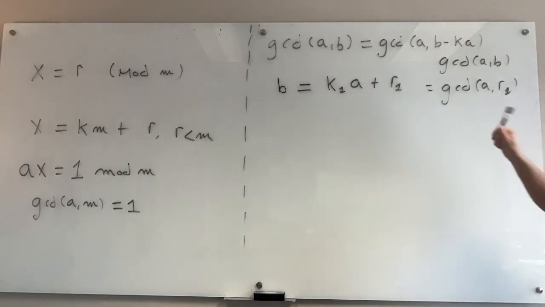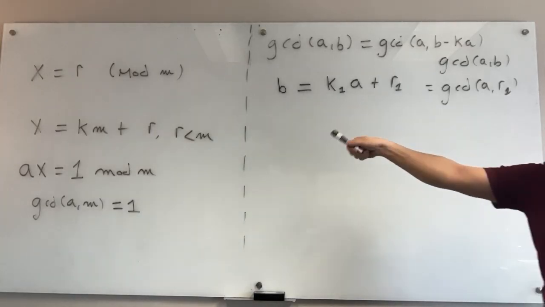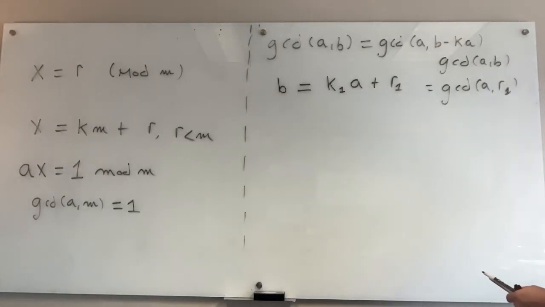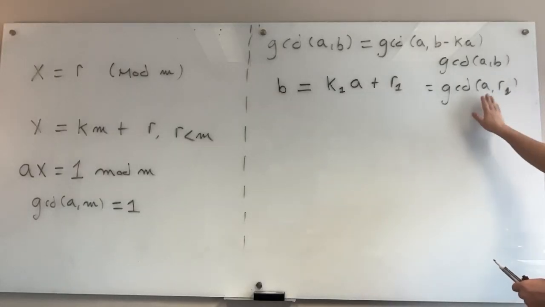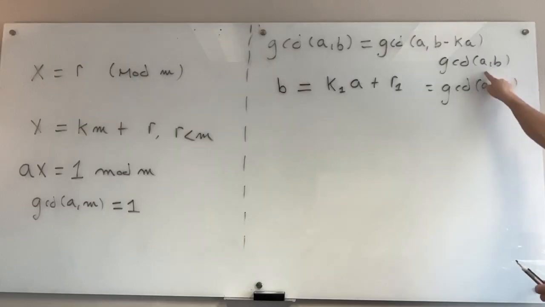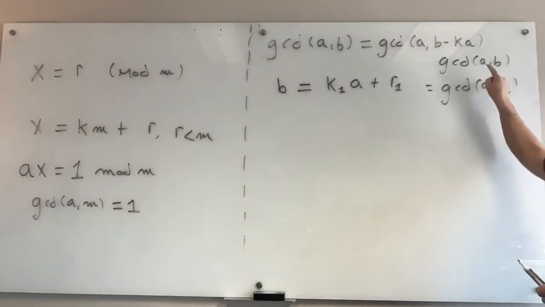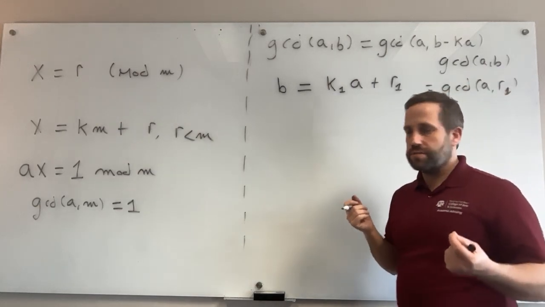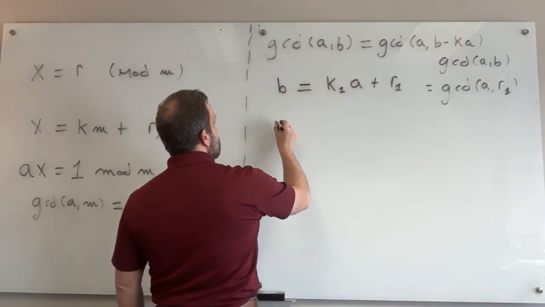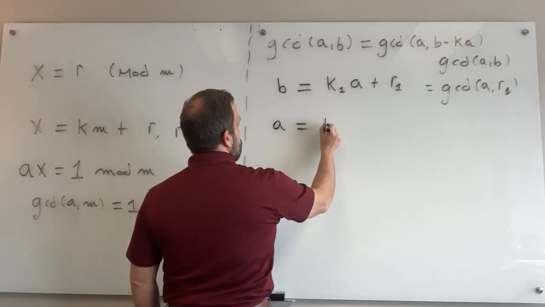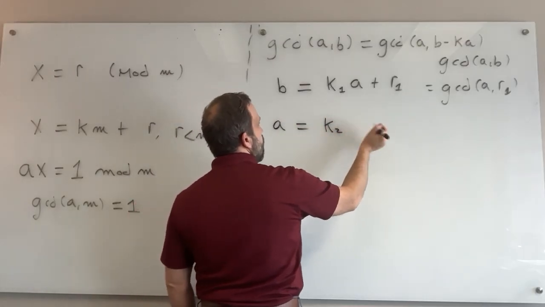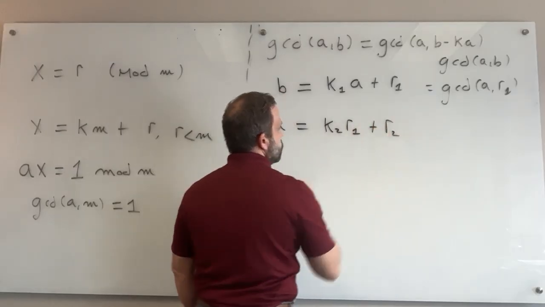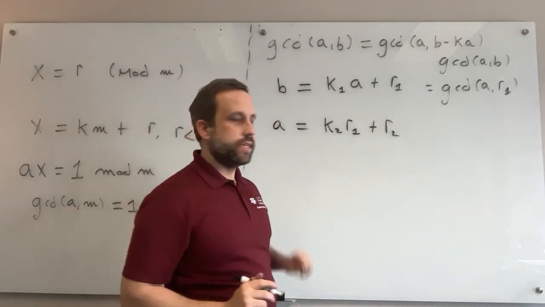Notice also that by the division algorithm, R1 is strictly less than A. So it's the same sort of symmetric thing: B is less than A, R1 is less than A, which is less than B. Now we have to find the GCD of a pair of smaller numbers, and we can say A is equal to K2 times R1 plus R2, where R2 is strictly less than R1.